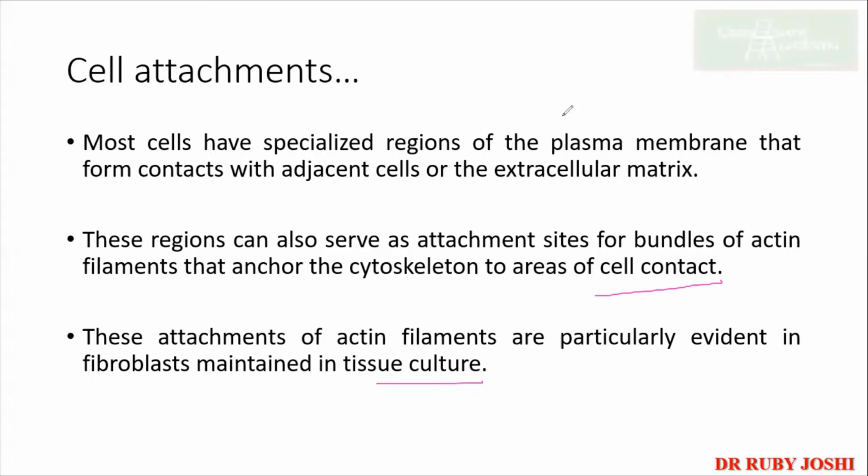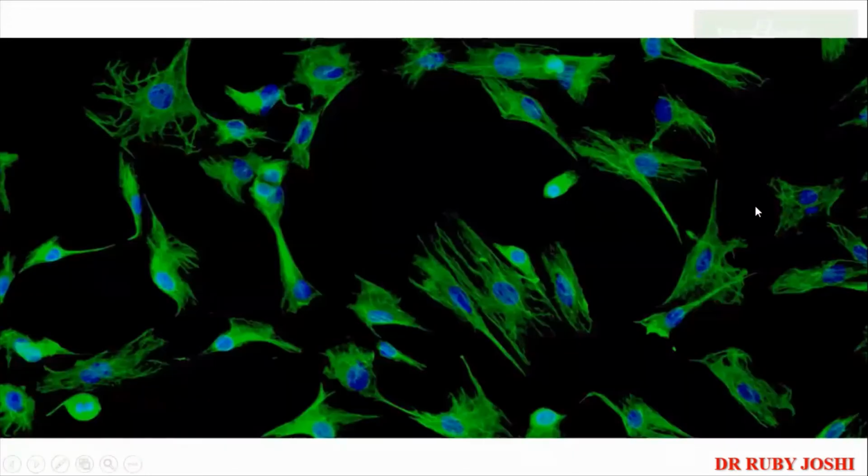Okay, it is really very prominent, like by looking at the cells itself, how they are making those extensions. Okay, so this is how it looks under the fluorescence microscope, and you can see the fibroblasts making connections, so they can actually protrude out a lot. Can you see these protrusions?